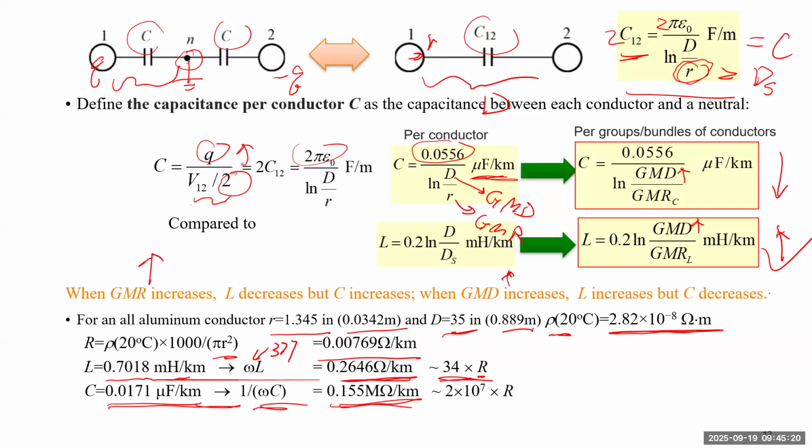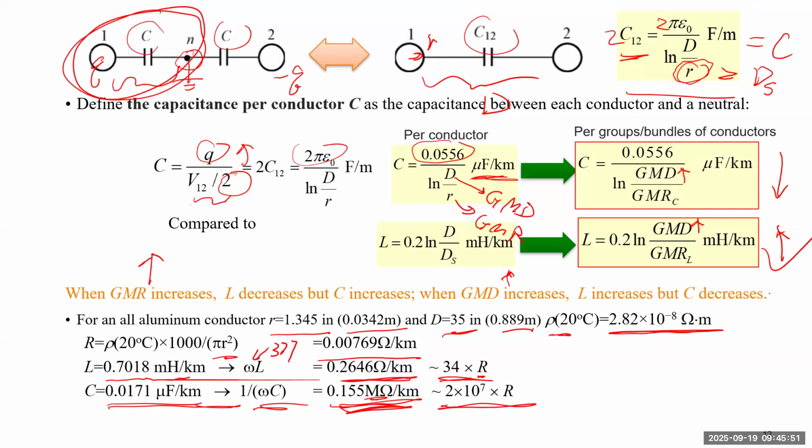This is the capacitive reactance connecting the line to the ground, because C is defined to be the capacitance between the conductor and the ground. So this value is equivalent to a reactance connecting the conductor to the ground. The M here is a million, so it's huge. Compared to the resistance, that's like 20 million times the resistance.